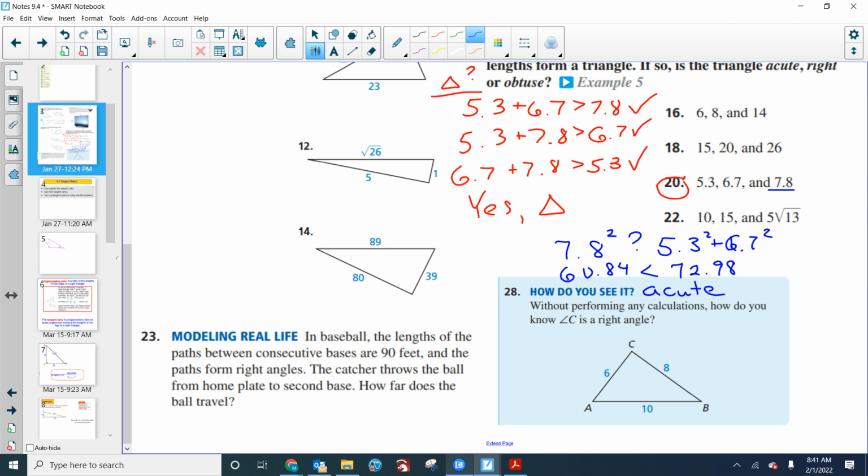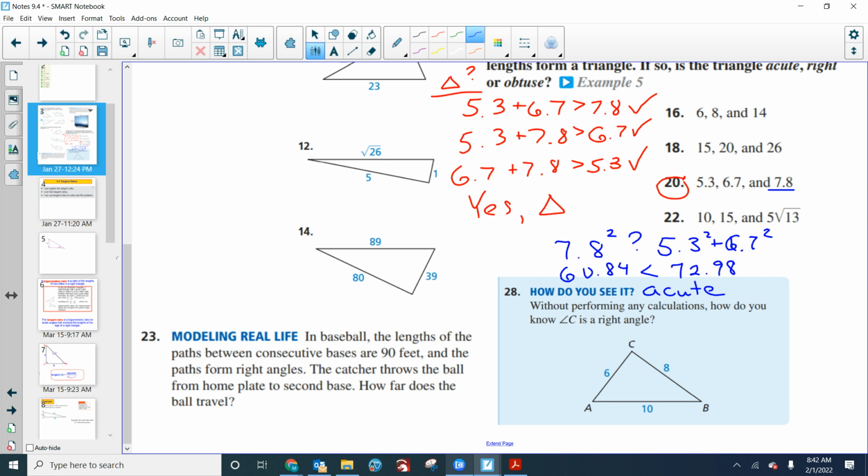What's the longest side between 10, 15, and 5 radical 13? Do you know what 5 radical 13 is? I don't either. So 5 radical 13 is 18.03. So that's the longest side. First of all, will it make a triangle?